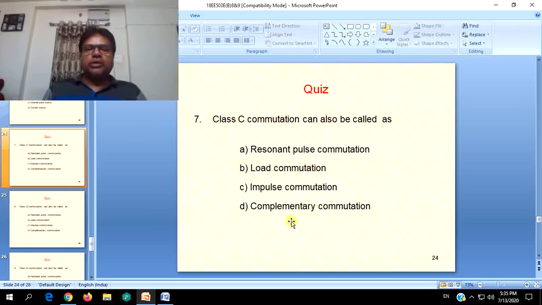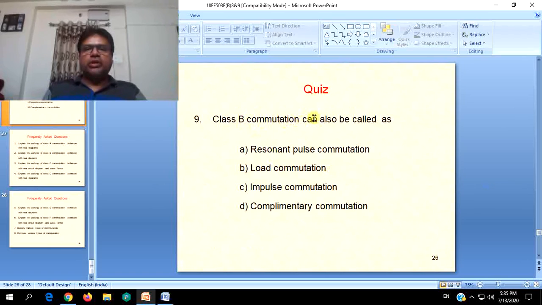In class C commutation, main SCR and auxiliary SCR will be complementing each other to turn on and off one after the other because of the other. So it is called as complementary commutation. Class D is called as impulse commutation.